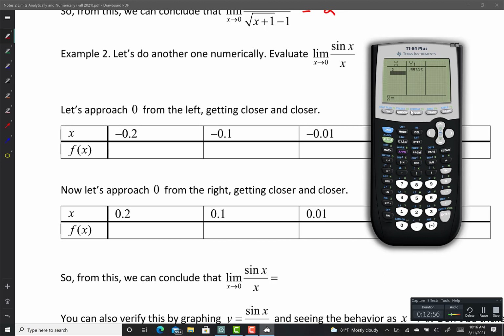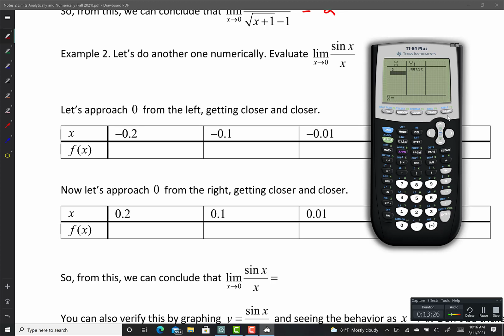No? Check that you're in radian mode. Yeah, I'm in radian. Alpha y equals, and then push enter, the very first one. Yeah, you can just type in sine right below the apps button, and then x divided by x.